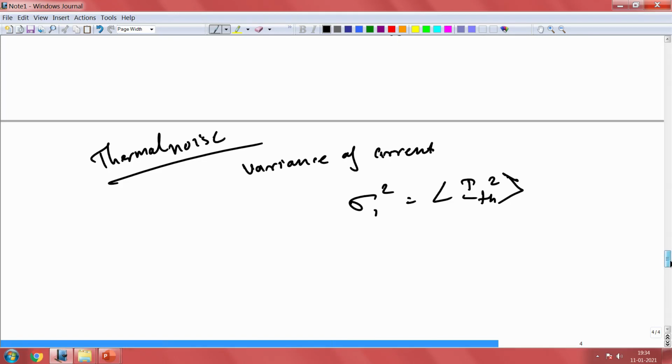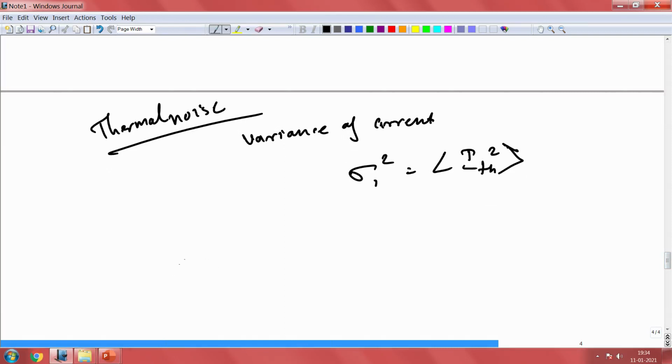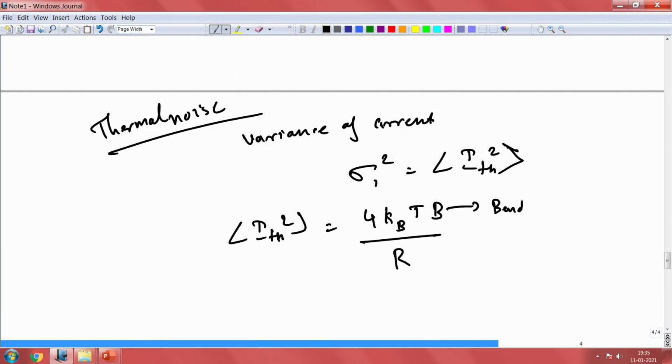It is rather simply written like this: your thermal noise current is based on your kB T thermally generated, your bandwidth, and the resistance that you have.